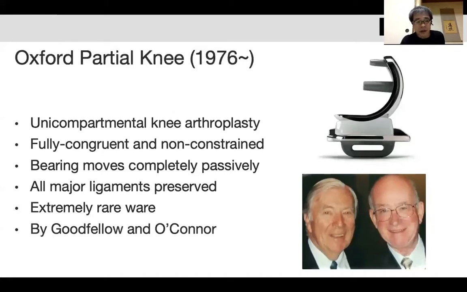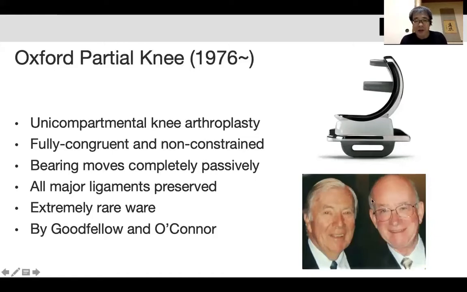This is a combination of John Goodfellow and John O'Connor. Goodfellow is the orthopedic surgeon, and O'Connor is the engineer. In this generation, many innovative implants were developed by the combination of engineer and surgeon. So good collaboration.